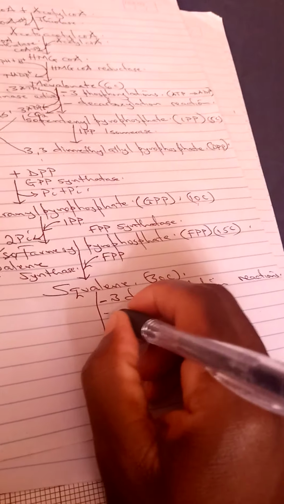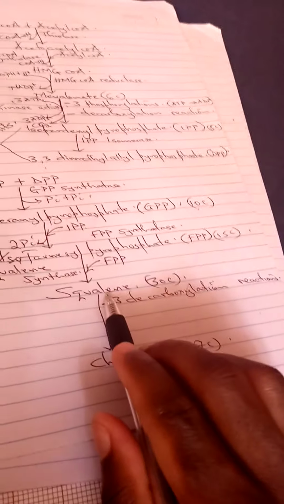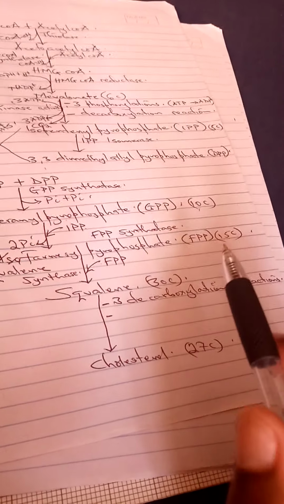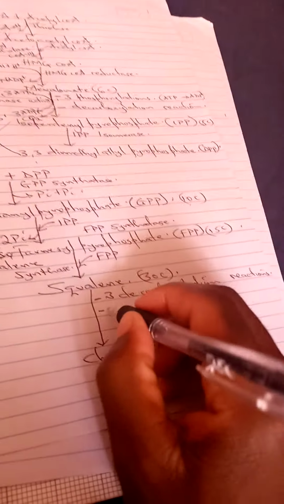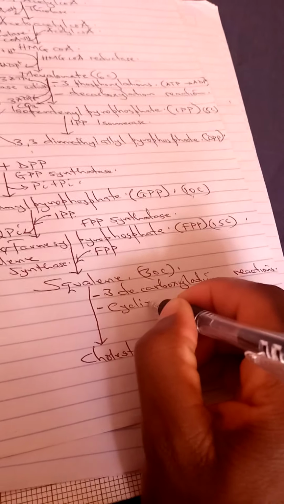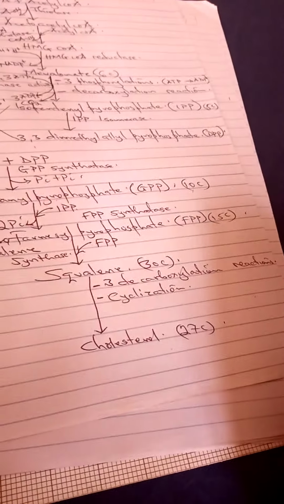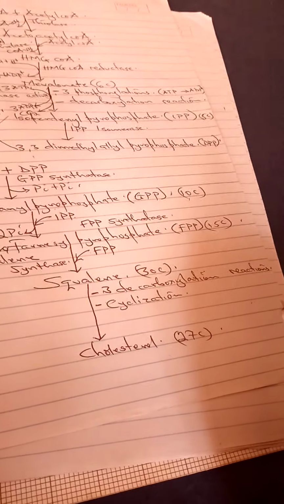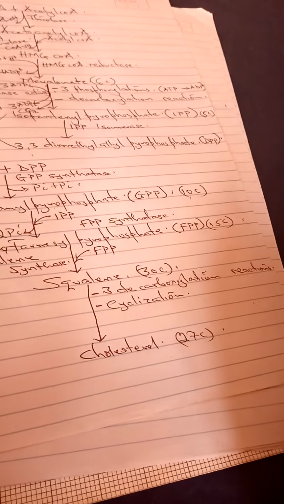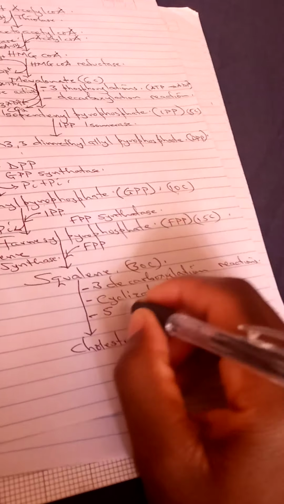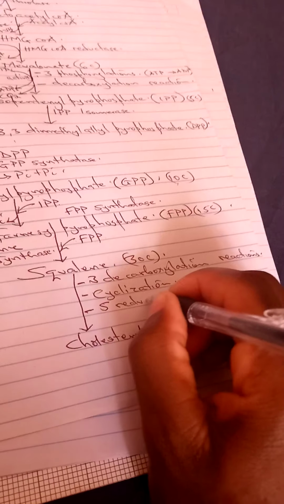Then another thing, we said squalene is straight or linear, but cholesterol has cyclic rings. That means we shall have cyclization of the squalene structure to form cholesterol. Another difference, we said squalene has 6 double bonds, but cholesterol has only 1 double bond. That means we shall have 5 reduction reactions.